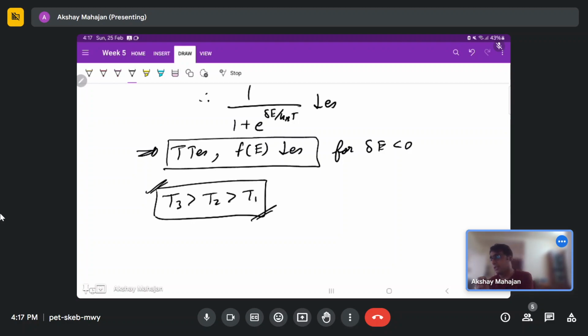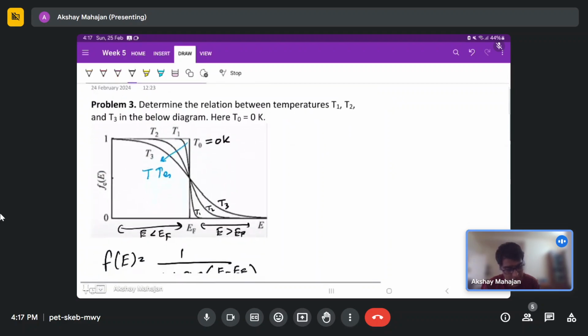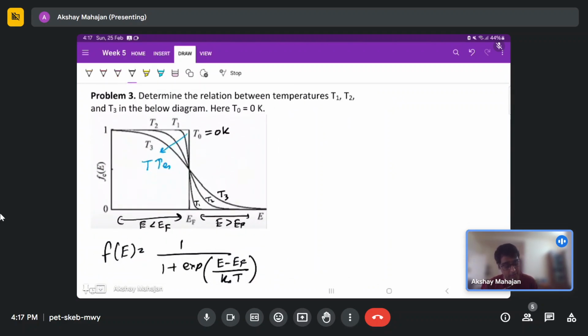Now we could have reached this answer from the other direction as well. Here what we have seen is the range for energy less than EF, where del of E is less than 0, and there del of E is greater than 0 otherwise, where del of E is equal to E minus EF.